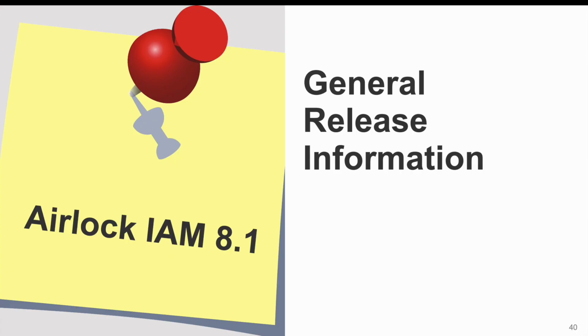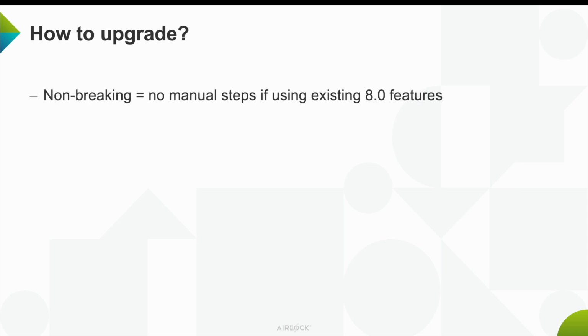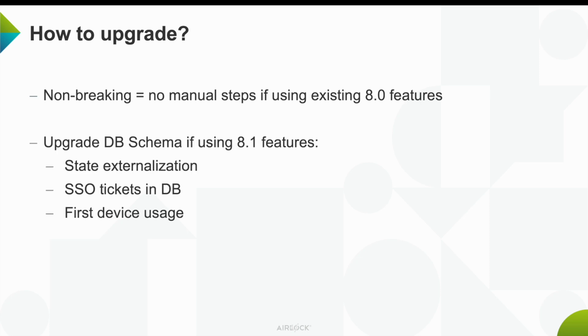So to close this video, I would like to give you some general release information about Airlock IAM 8.1. First, how to upgrade to 8.1. So 8.1 is a non-breaking release. So the deal is, if you are not using new features, if you just rely on existing features, you don't have to do anything manually. You can just migrate the configuration using the automatic migration, and it should work as it was.